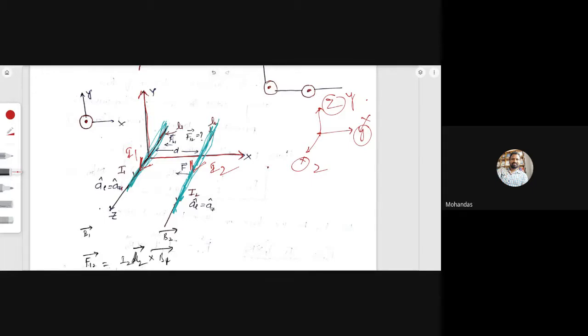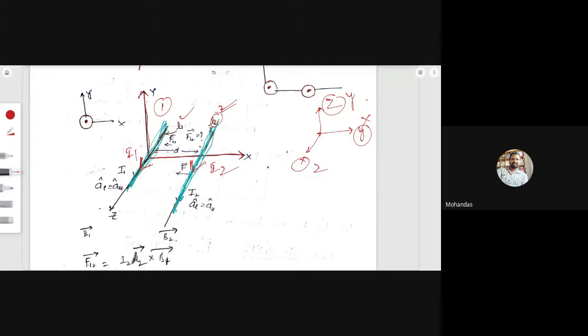So this conductor 1 length is L1 and this conductor length is L2, and the distance between the two conductors is D. These two conductors are separated by a distance D.